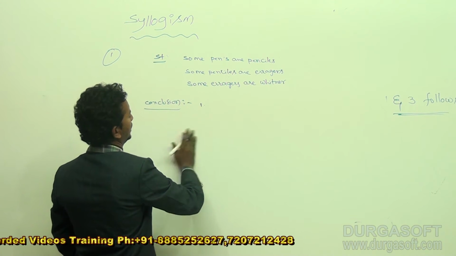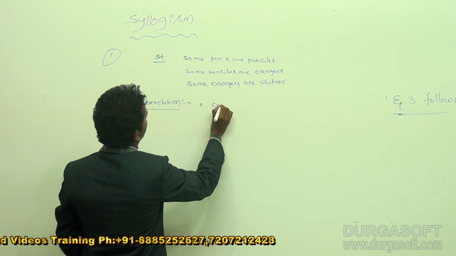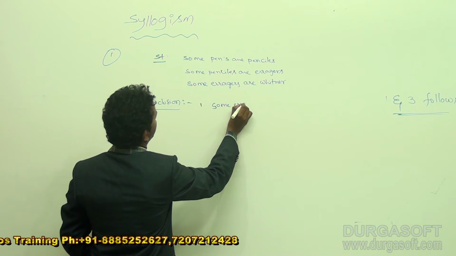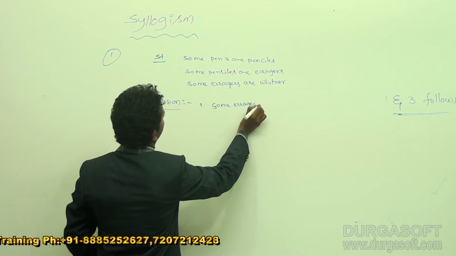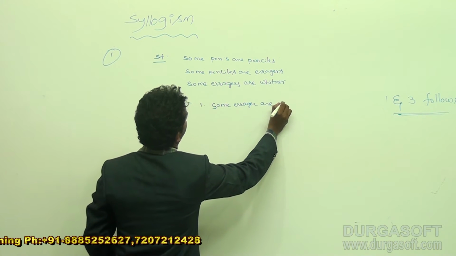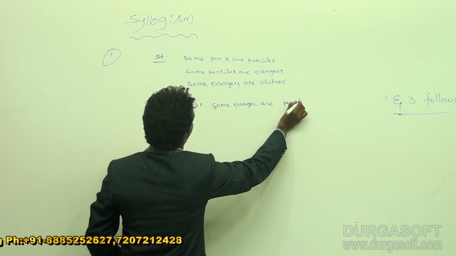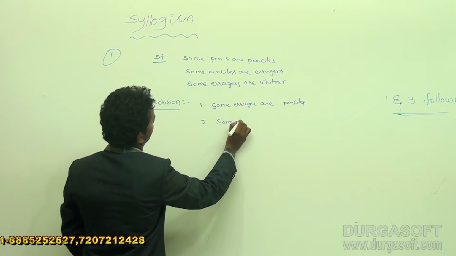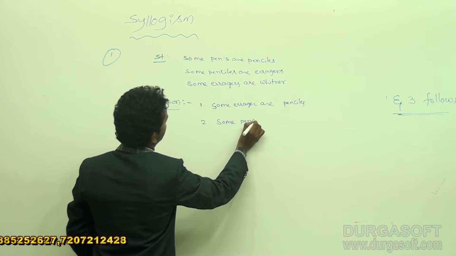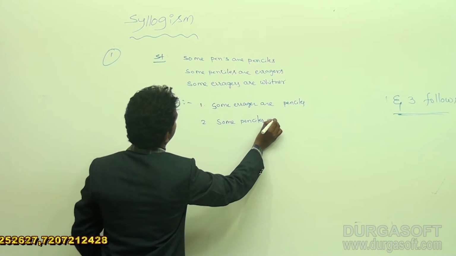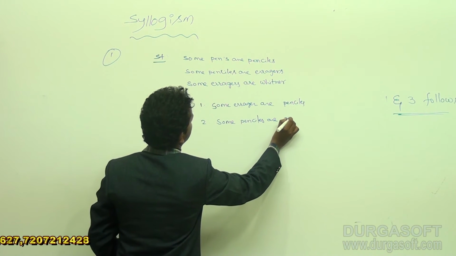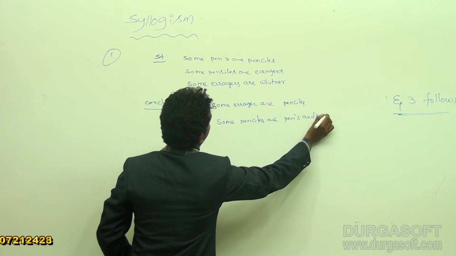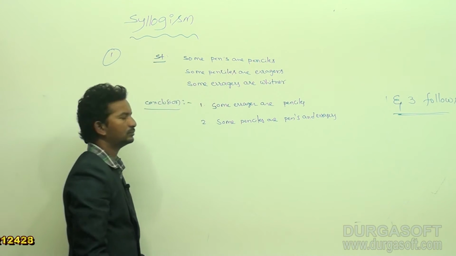Conclusion number 1: some erasers are pencils. Conclusion 2: some pencils are pens and erasers.